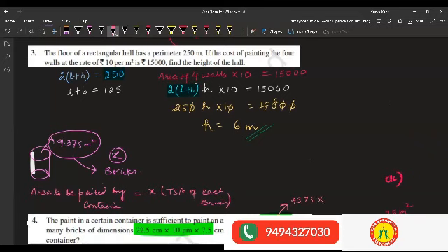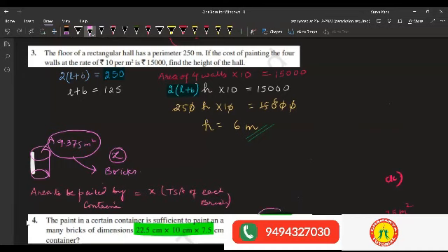9.375 into 100 into 100 you can do, to convert it to centimeter square. So it's your wish: either you convert the total paint area into centimeter square or the brick dimension into meters.